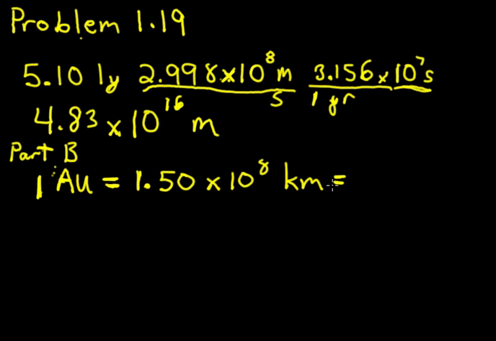What we're going to do is take that kilo being 10 to the 3rd and make it 1.50 times 10, since we're grabbing a 10 to the 3rd and it's positive, times 10 to the 11th meters.